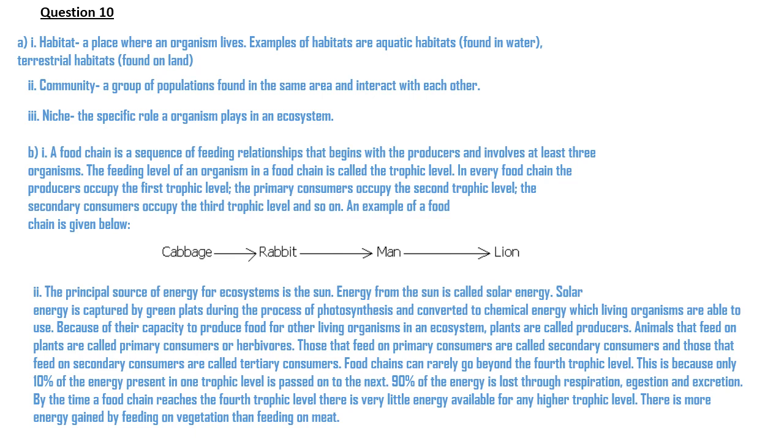By the time a food chain reaches the fourth trophic level, there is very little energy available for any higher trophic level. This is more energy gained by feeding on vegetation than feeding on meat.